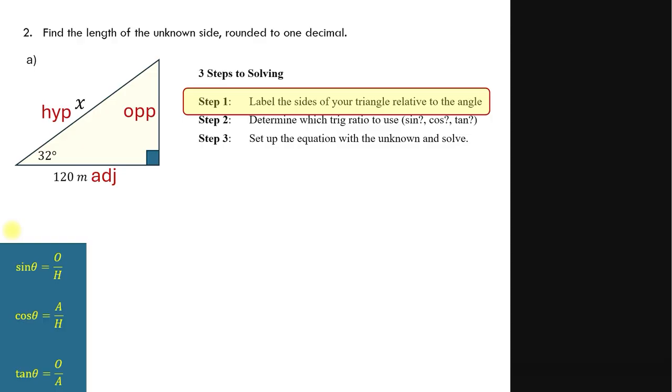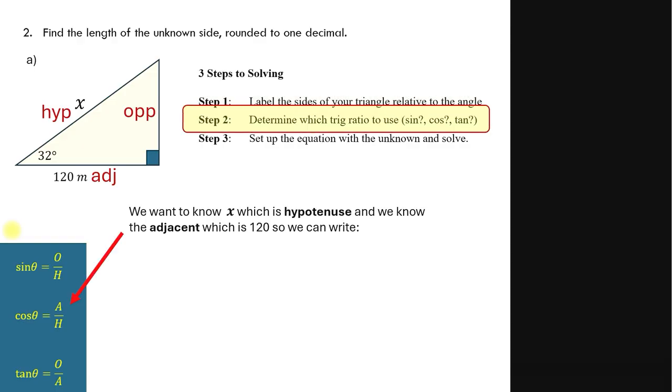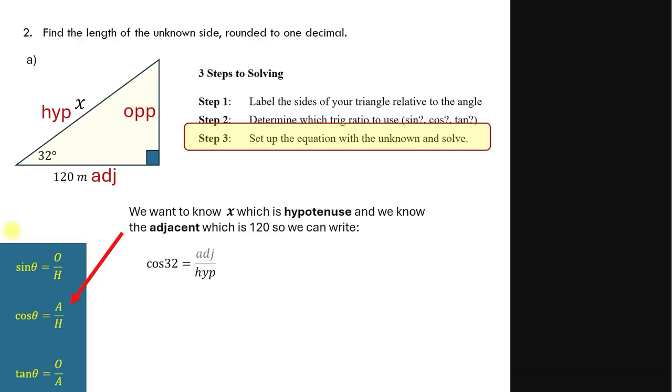Now, relative to our reference angle of 32, we're being asked to find the hypotenuse, and we're given the adjacent. Adjacent and hypotenuse deal with cosines. So we can say that the cosine of our reference angle, 32, is adjacent over hypotenuse.